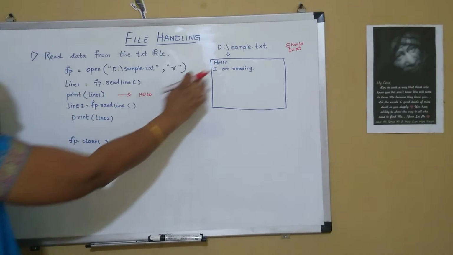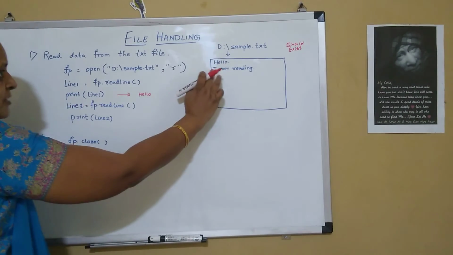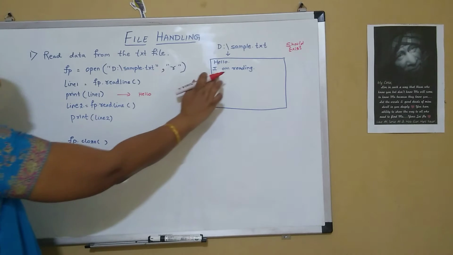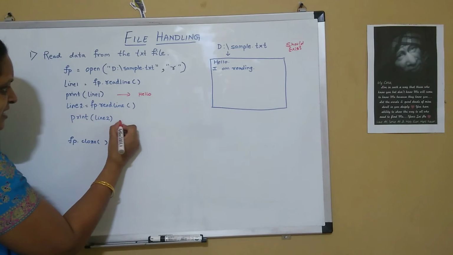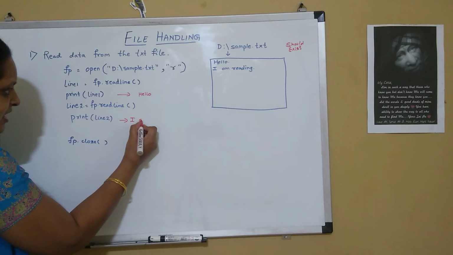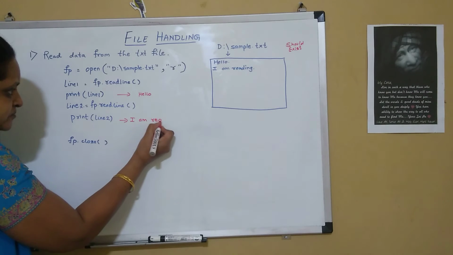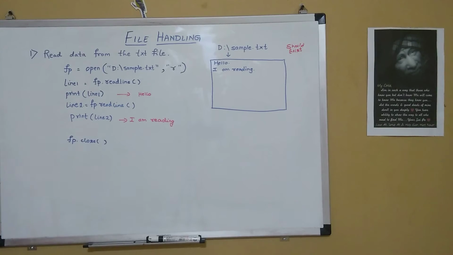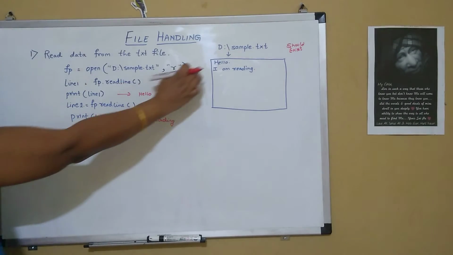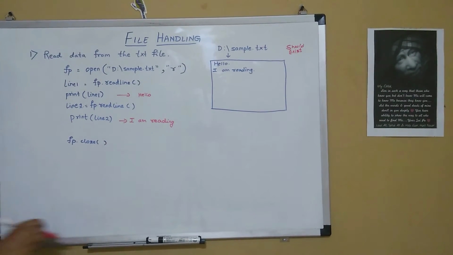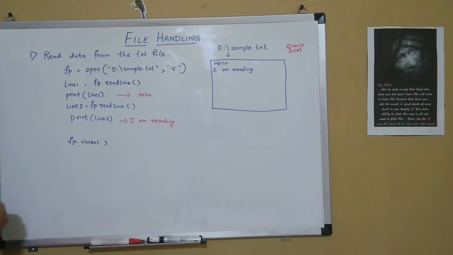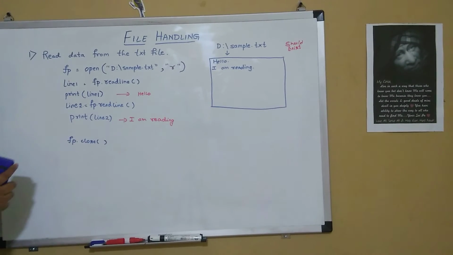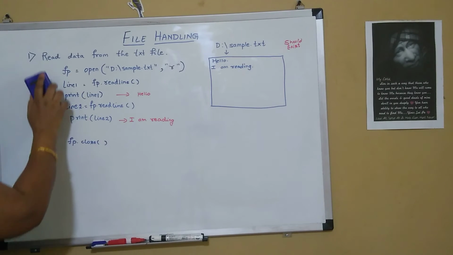The first readline will print hello, and the pointer points to the next line, and the consecutive readline prints the second line, that is I am reading. So basically read reads the entire details in the file, but readline reads one line at a time. So this is how read and readline work in file handling.